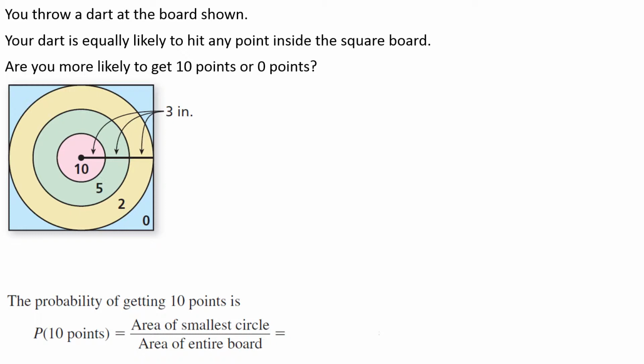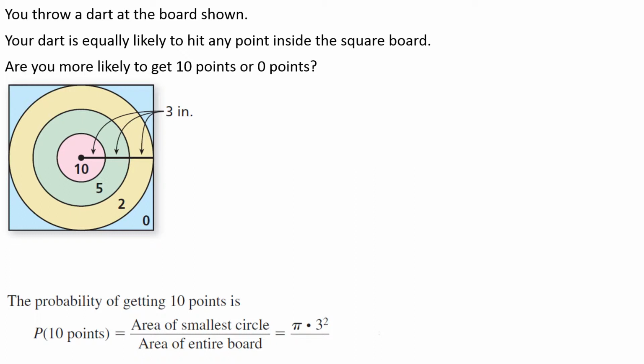Now, the smallest circle looks like it has a radius of 3, so that's kind of easy to figure out. But the square might be a little bit trickier to see at first. It looks like from the center of the board to the edge is going to be 3 plus 3 plus 3, which is 9 inches, which means each side of that square is actually 18 inches.